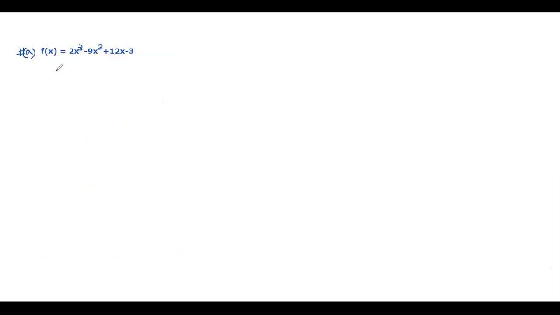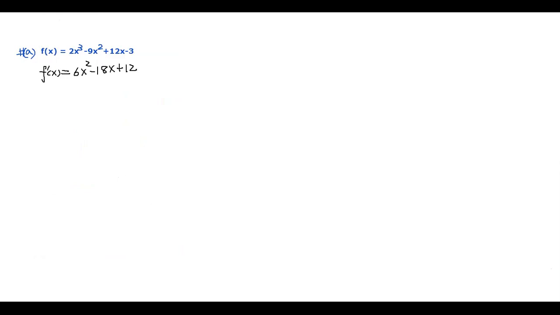Okay, so the first one. I assume you still remember some basic differentiation formulas, right? So f of x is 2x cubed minus 9x squared plus 12x. So the derivative is 3 times 2, which is 6x squared minus 18x plus 12, right?